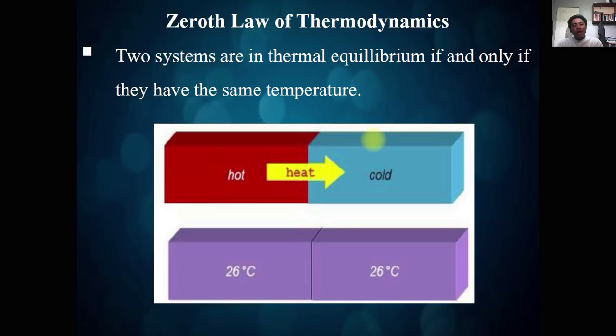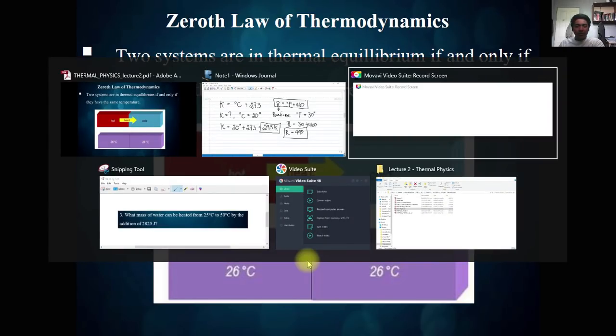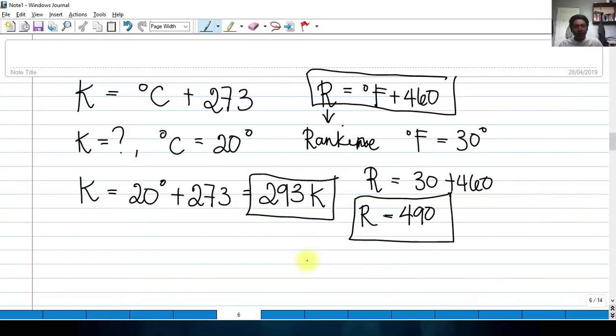After some time, there will be a heat transfer from the hot object to the cold object. Or in other words, after some time, their temperatures must be equal. To further illustrate that, let me draw.